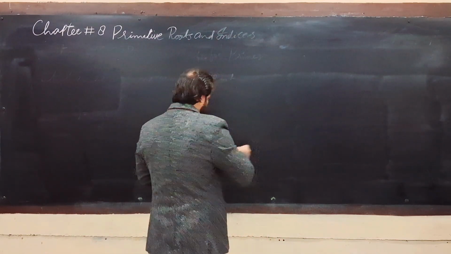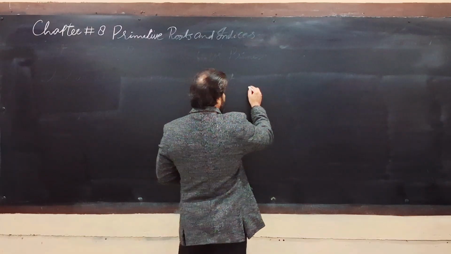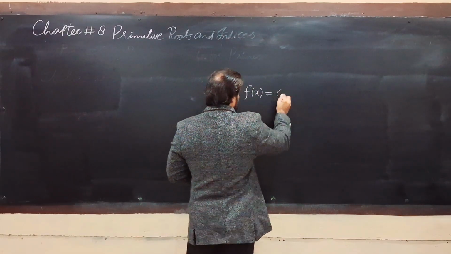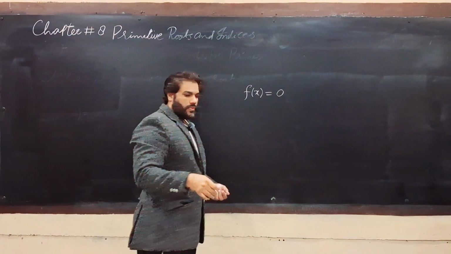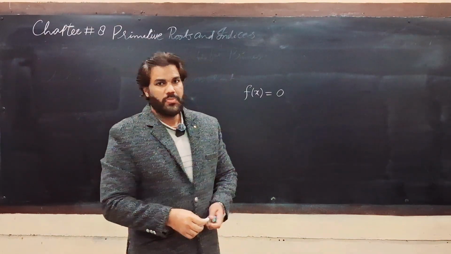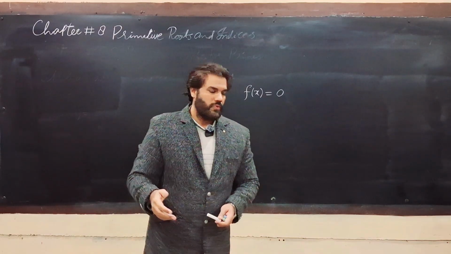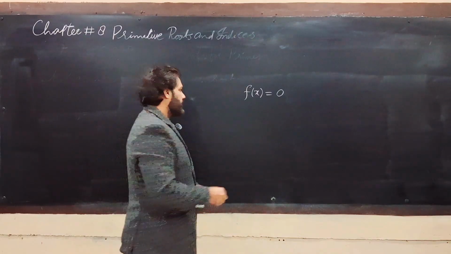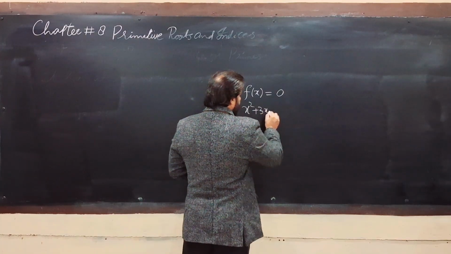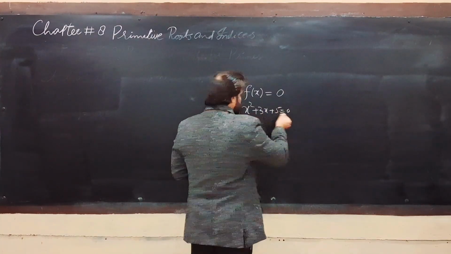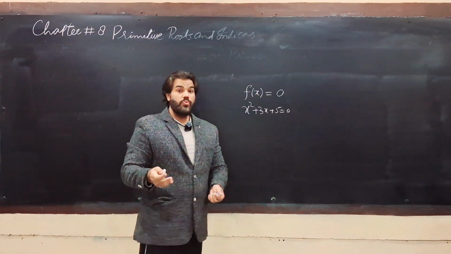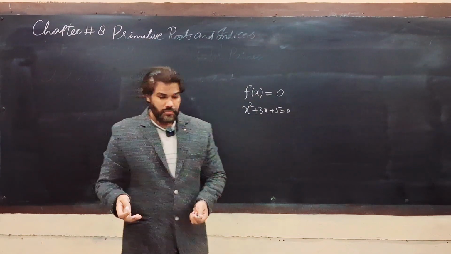From calculus, if you have any polynomial f of x equal to 0, then the number of solutions or roots for this polynomial depends on its degree. For example, if f of x is a second degree polynomial, then the equation x square plus 3x plus 5 equal to 0 has two different roots.